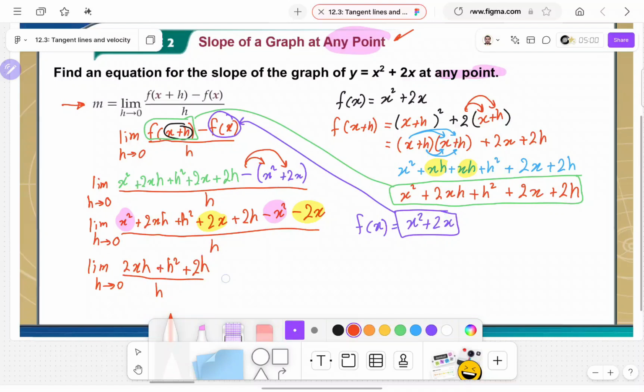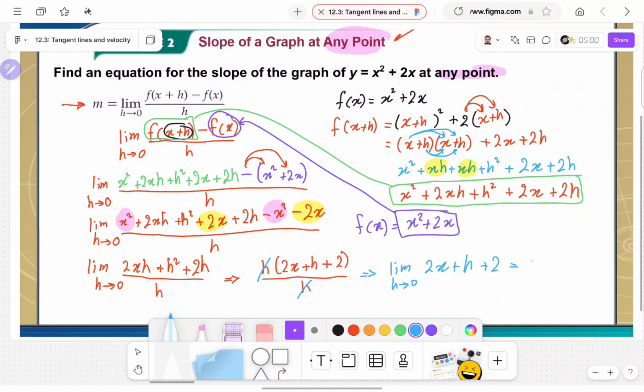Can I take h now as a common factor? So yes, I can take it. So it will be h times 2x plus h plus 2, and all of that is over h. Now can we cancel the h's together? Yes, so it remains limit when h approaches 0, 2x plus h plus 2.